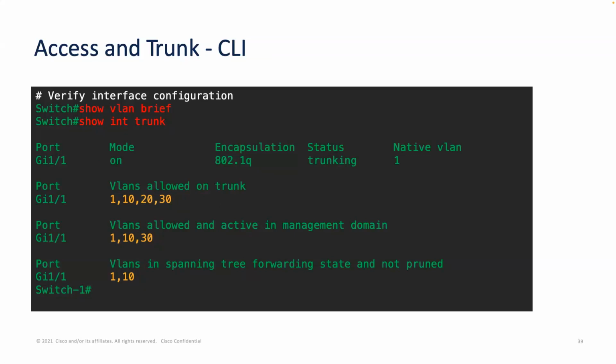Okay, and the last one at the bottom, which I think is the most important list, shows you the VLAN list that is actively forwarding traffic on the given trunk port. There are two reasons that make a VLAN not listed in the last actual forwarding list. The first one is that spanning tree might block this port.